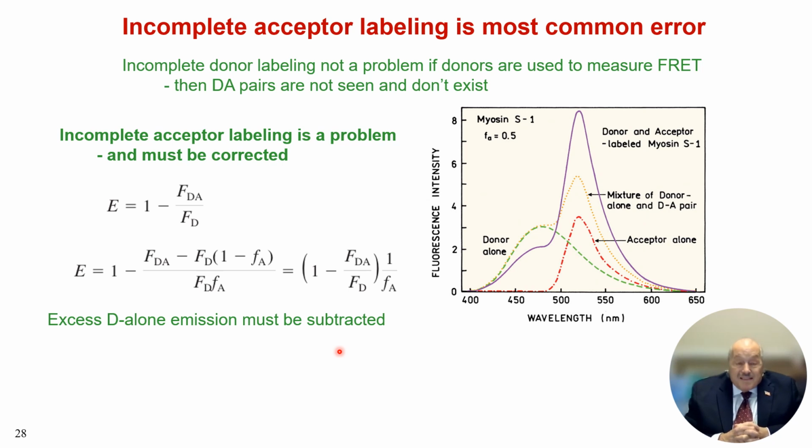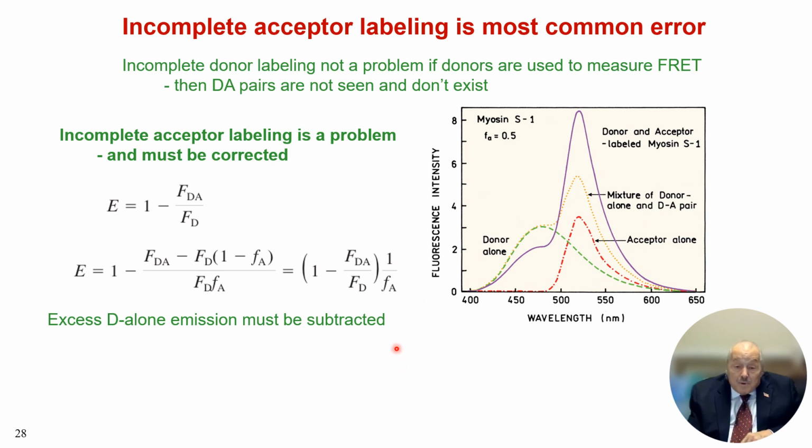Incomplete labeling. So this has sounded easy so far, but incomplete labeling is a significant problem in energy transfer, because if you have a system where the donor is quenched extensively, let's say 90%, and you have 10% molecules that don't have an acceptor by them, well, they're going to give an equal amount of emission.